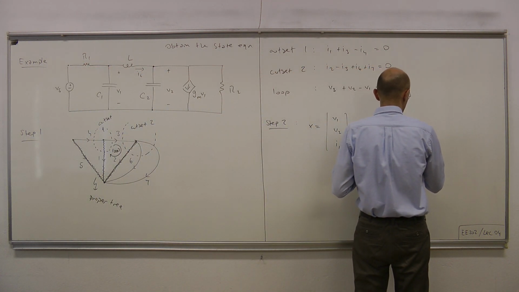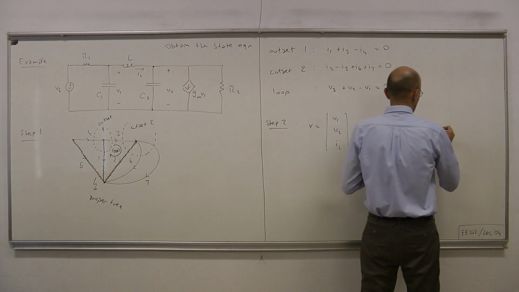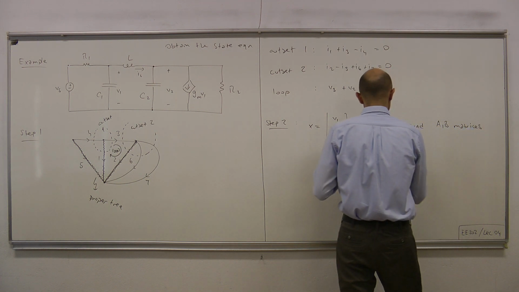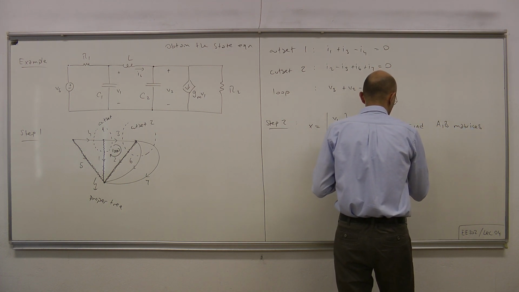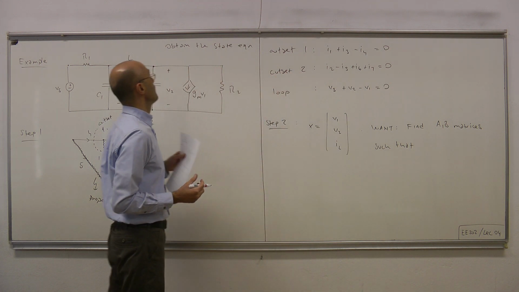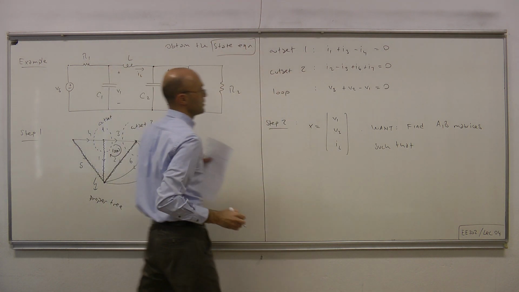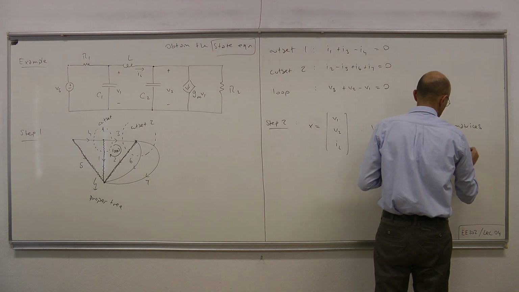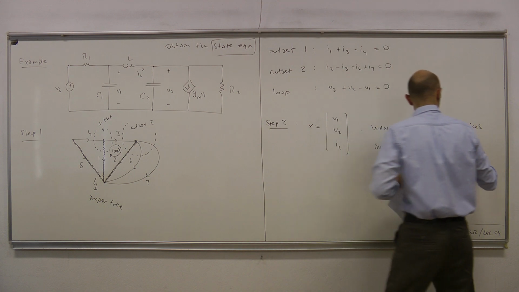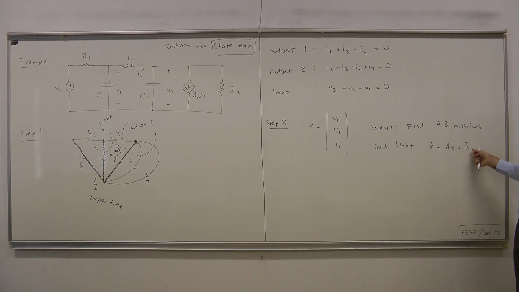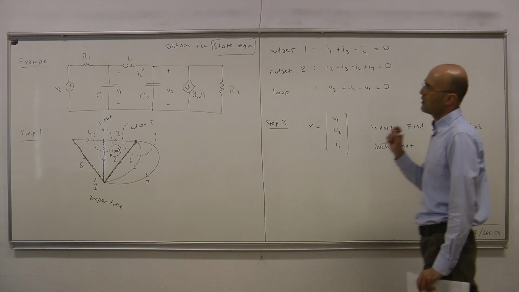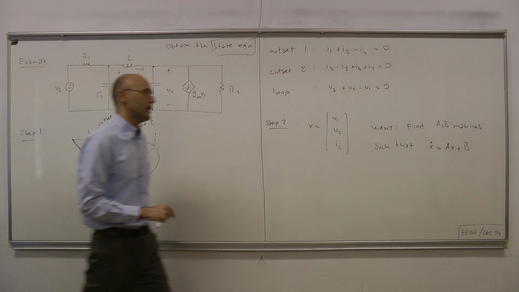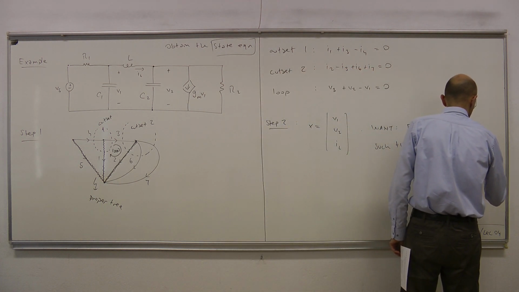Find matrices A and B such that we have the state equation which has the following form: x dot equals Ax plus B times the input vector, which we usually denote by w, but in this case we just have a single input, which is vs, so we can just write it as vs.